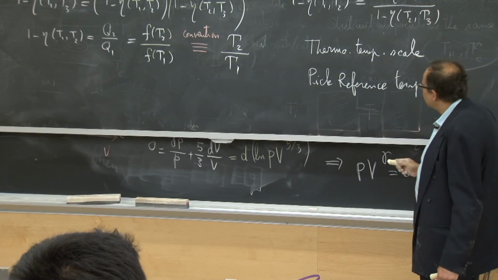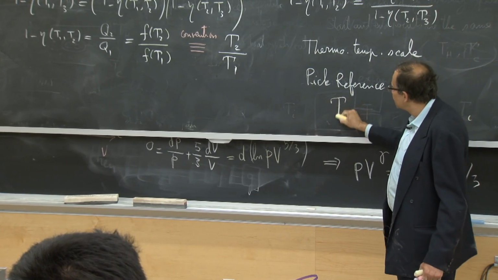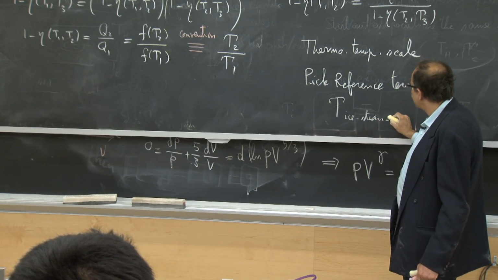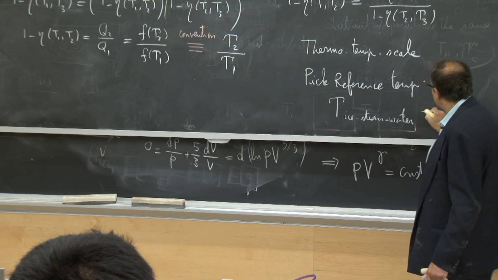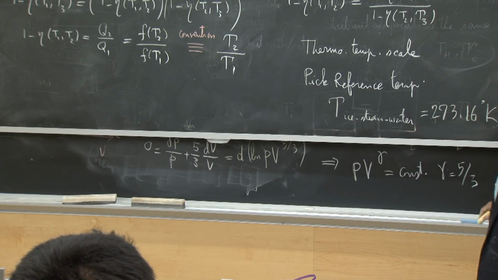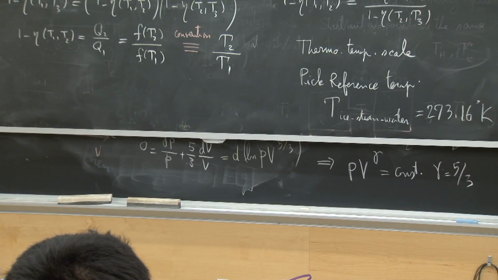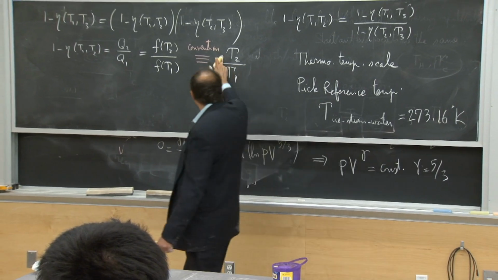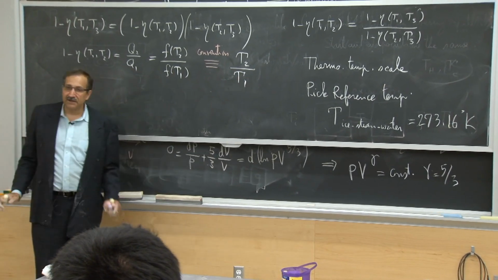And for reference temperature, I pick the temperature of the coexistence of ice, steam, water to be 273.16 degrees K, which is what I had for the ideal gas scale. Because if I don't do that, I only know things up to some proportionality constant.